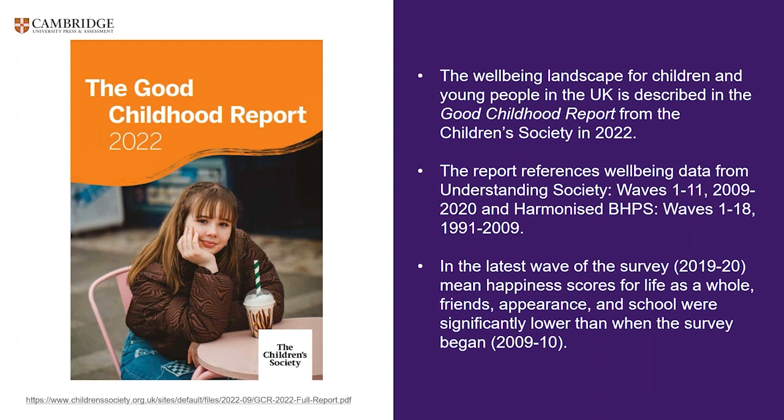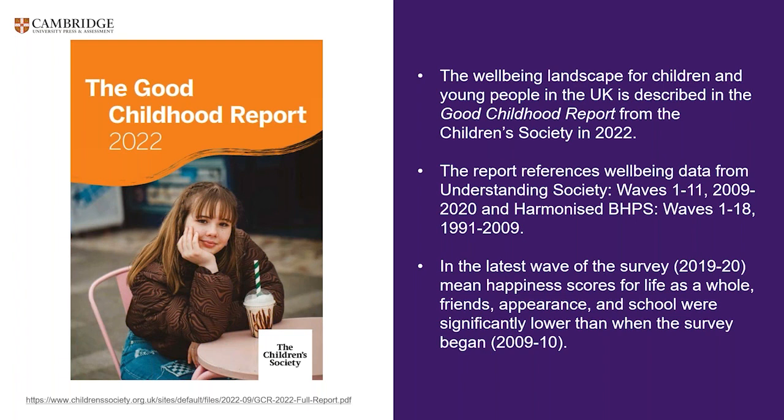The first one is this one from the Children's Society, just last year, but based on data going back to the early 90s, but some of the graphs I'm about to show you are particularly over the last 10 years or so, showing how students report their well-being at home, but also in terms of life as a whole and in school as well, because those things can be very different.